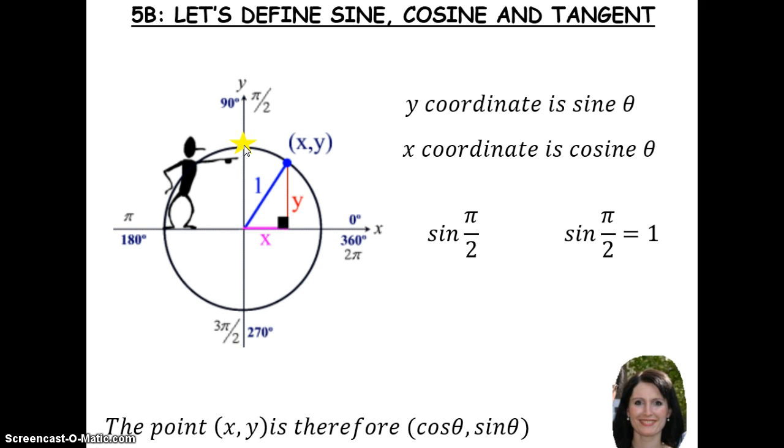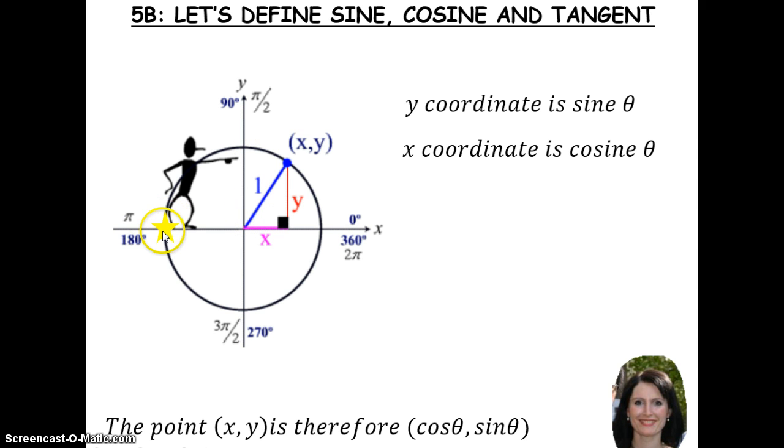What about the cos value? Let's think about that point where the star is, and let's think about where we go on the x-axis. So cos of pi on 2 is going to be 0, because on that star we are still at the origin, so we don't move anywhere left or right. So cos of pi on 2 is 0.